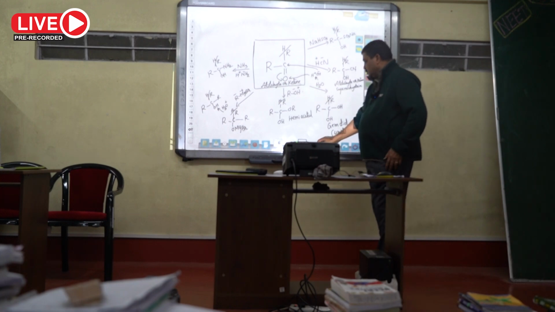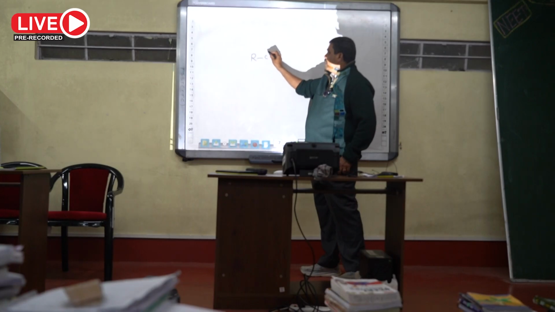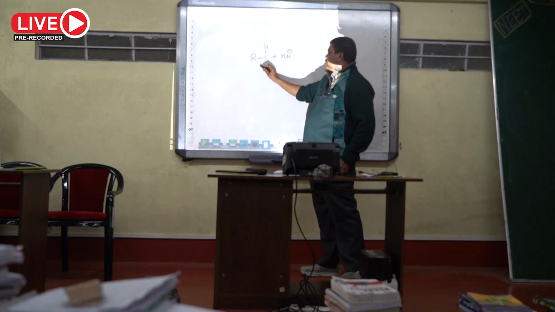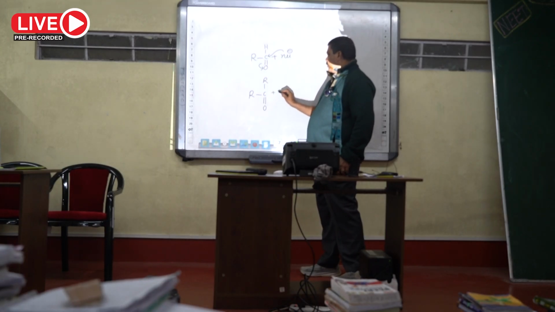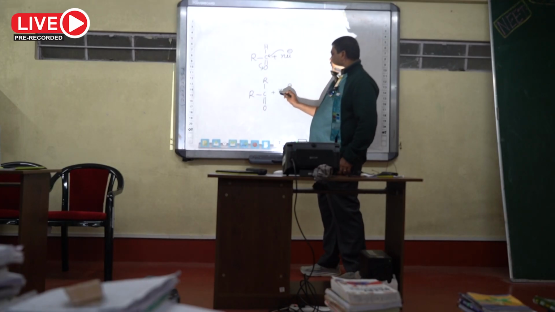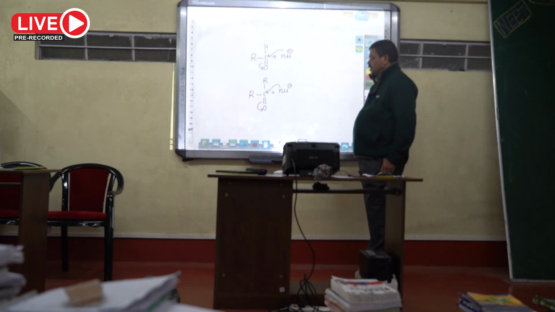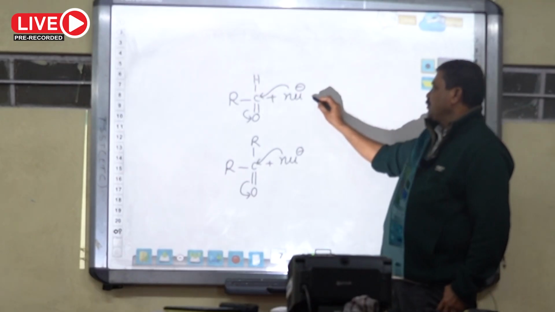So that I will show here. RCH double bond O plus nucleophile, R C double bond R plus nucleophile. So first one is aldehyde, second one is ketone. Here the reaction is fast.